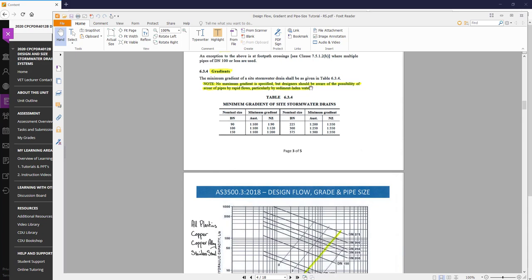Some stormwater can get pretty ugly and dirty and a lot of debris in it, so that's what that's all about. So for a 90 millimetre pipe, the minimum gradient is 1 in 100. Same for 100 and 150. The minimum gradient in Australia is 1 in 100. For pipe sizes 225, 300 and 375, 225 is at 1 in 200.